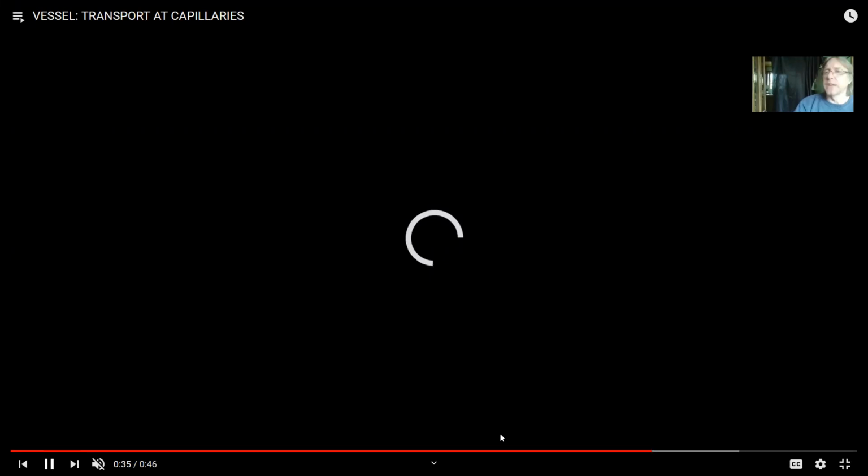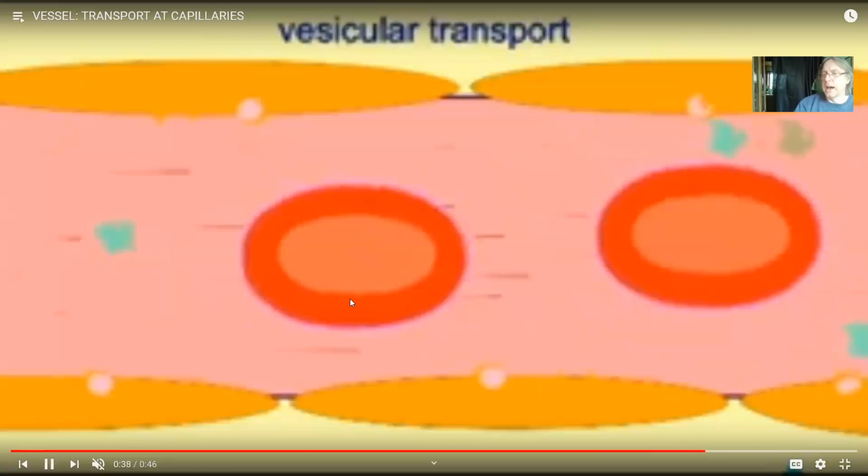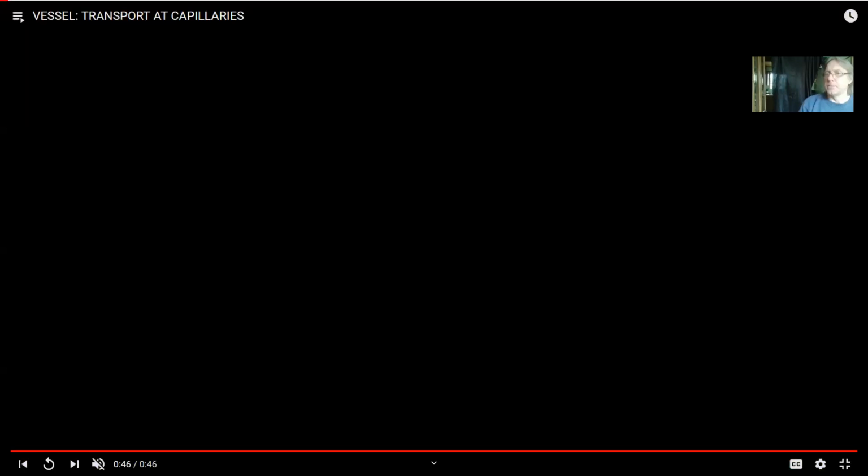So those endothelial cells can engulf fluid, say from the plasma, form a vesicle, and then transport that vesicle across the width of the cell, and then expel it outside the cell. That's known as vesicular transport.